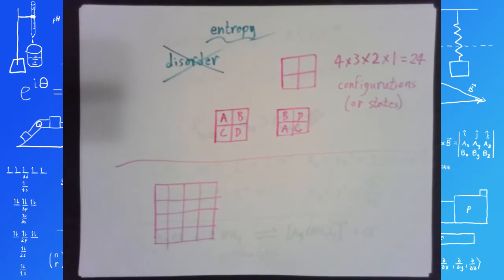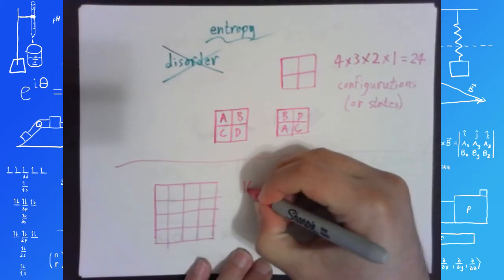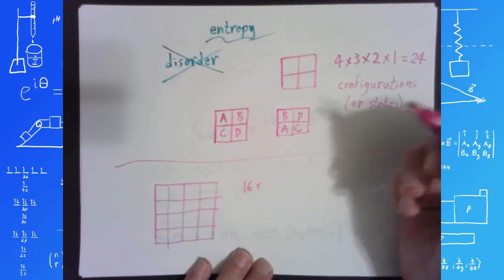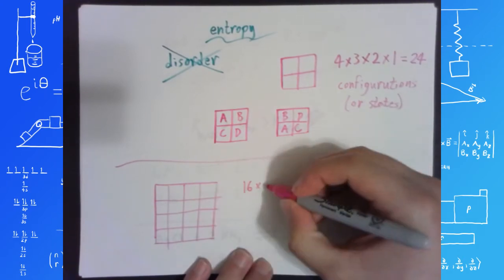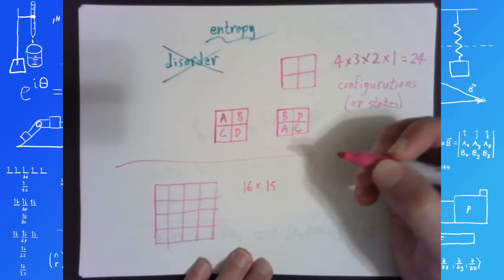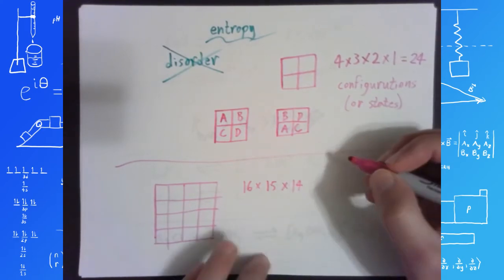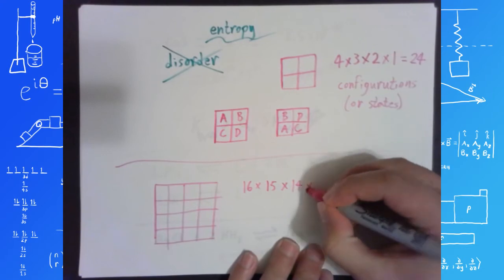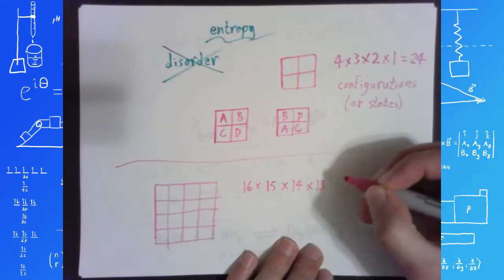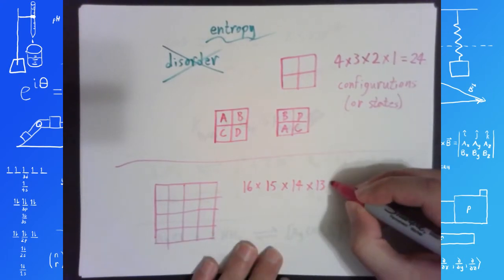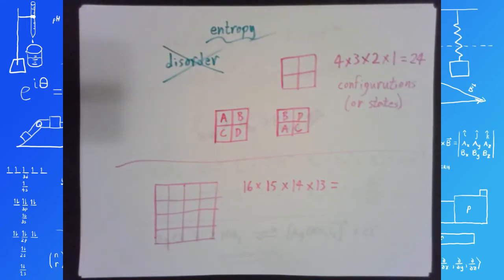Now, how many configurations are there? Well, there's 16 places to place particle A, and that leaves 15 possible spaces to place B, and 14 possible spaces to place C, and 13 possible spaces to place particle D. That's a total of how many configurations?